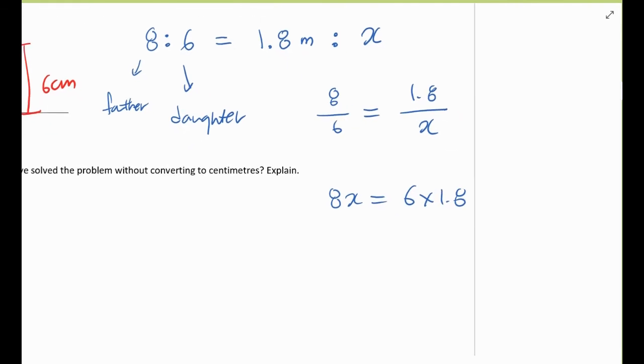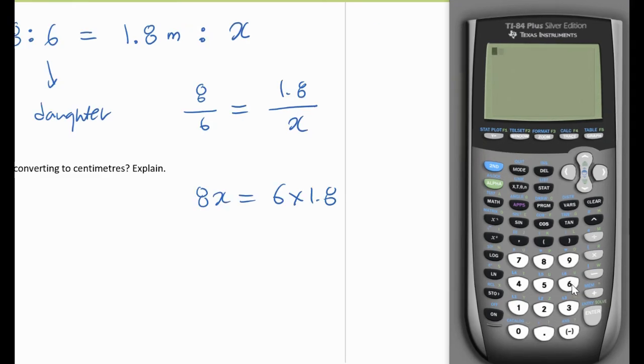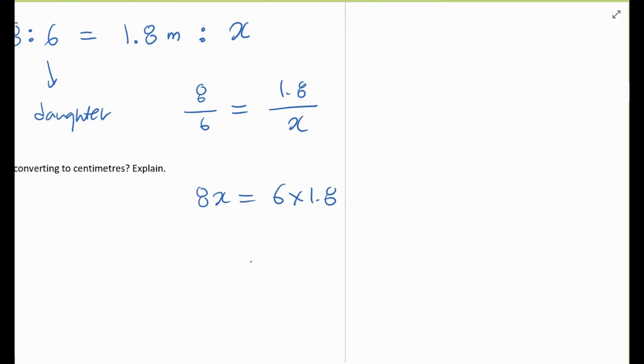Let's use your calculator. 6 times 1.8 is 10.8. So 8x is 10.8.